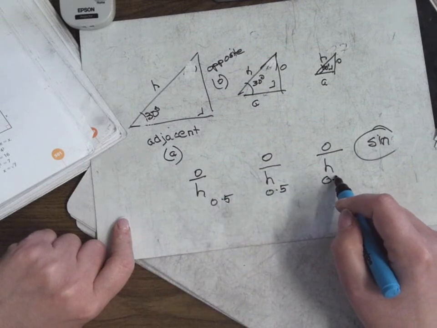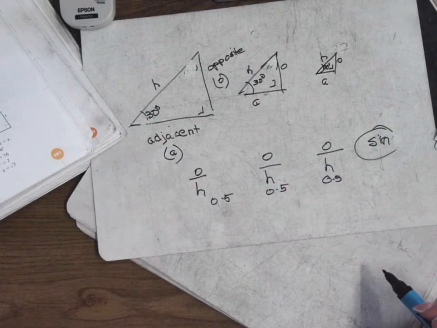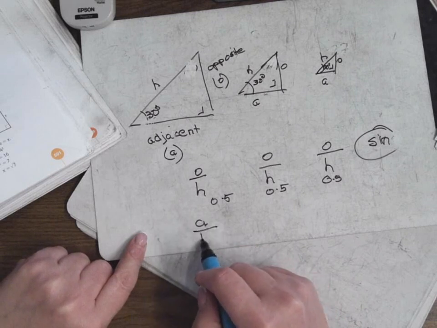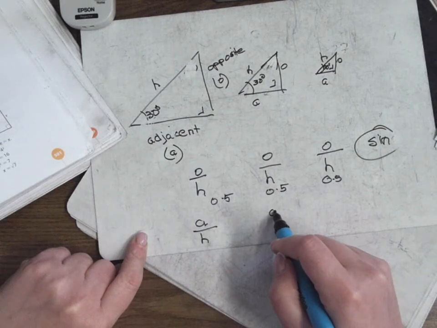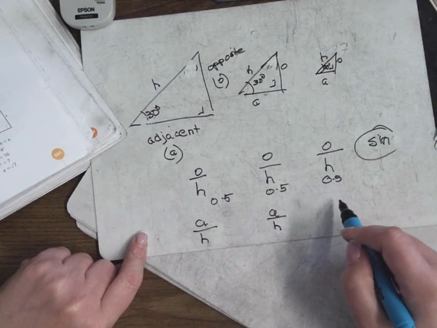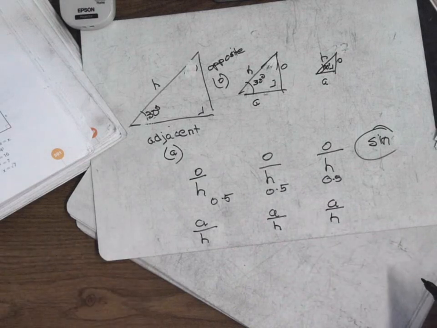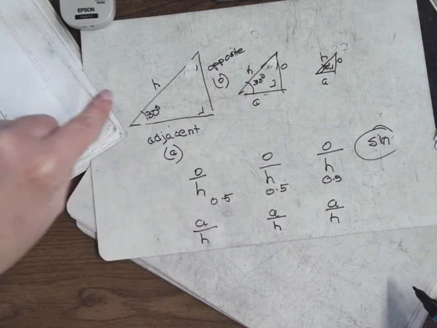Is that alright? So then they went along and said, what if we took the adjacent side and divided it by the hypotenuse? In this triangle, they took the adjacent side and divided by the hypotenuse, and the adjacent side and divided by the hypotenuse, and guess what? They got the same number. So it didn't matter what the length of the sides were.